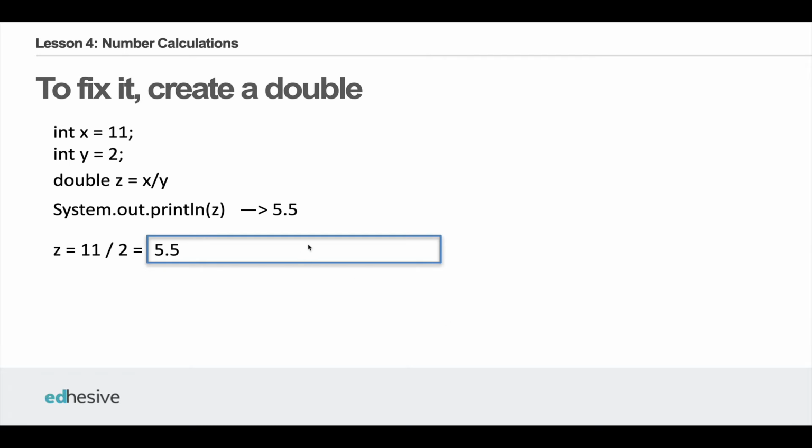And so I've fixed my integer division problem by storing my answer in a double. And if you ever want to take the average of something, which you may have to do in one of your lessons, make sure that the variable that you create for the average is a double. And then make sure you use PEMDAS correctly when you are doing the average of two numbers there.